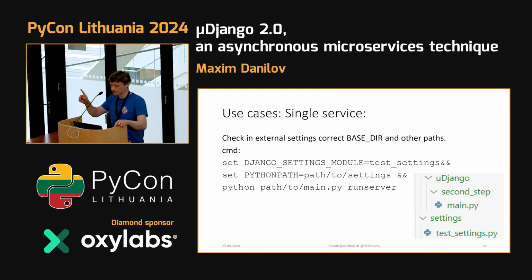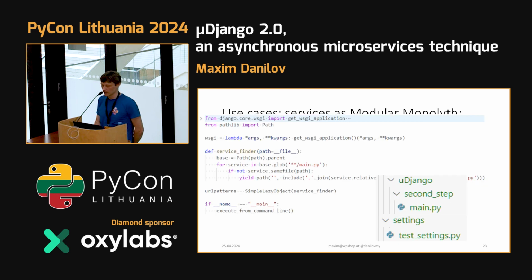Use case: single service, micro Django. Second step, micro service main.py in settings, even a settings folder somewhere on my computer. I have test settings, and I run this command, and I can use test settings from everywhere to run my project.